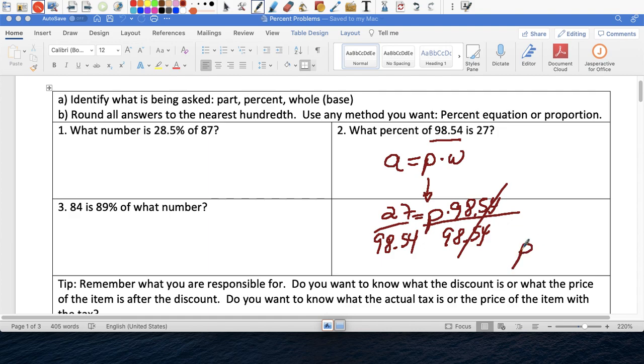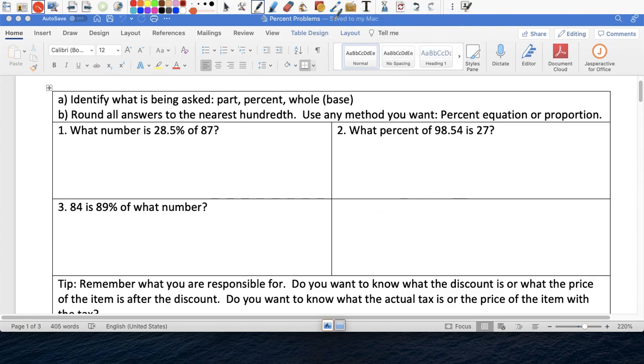That goes away, and P equals 27 divided by 98.54, and you're going to get, as a decimal, 0.274000, etc. We're going to multiply that by 100, move the decimal 2 over, you get 27.4. You get the same exact answer. But I think there's less work here. Yeah, up to you.